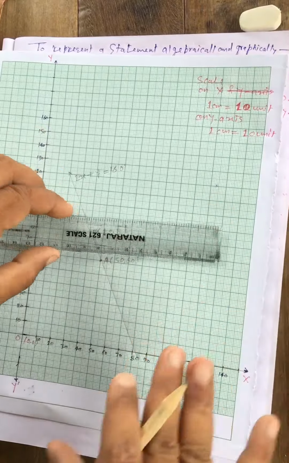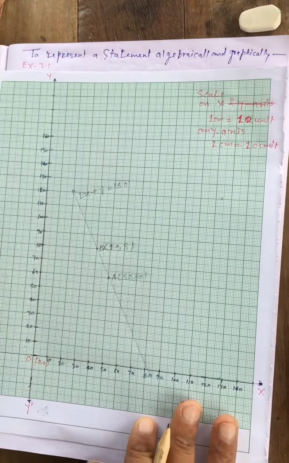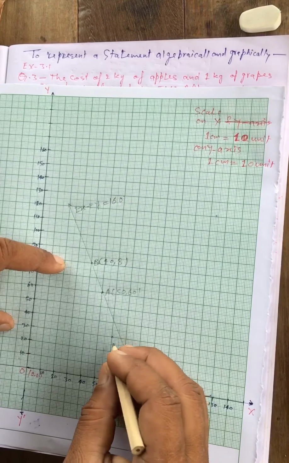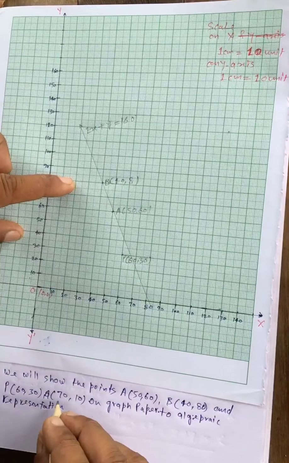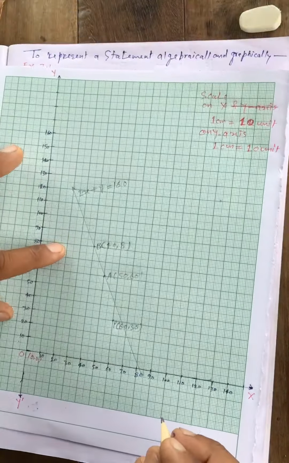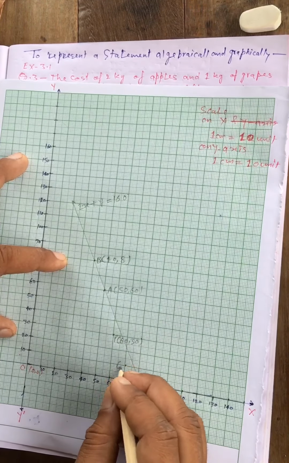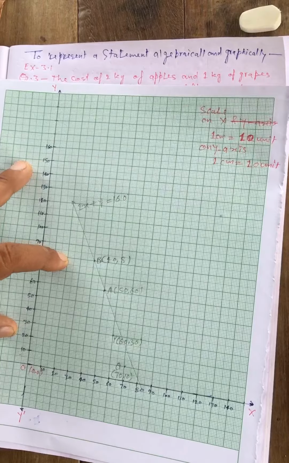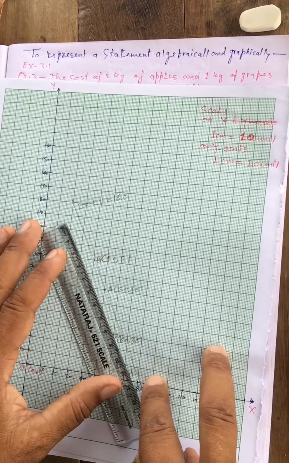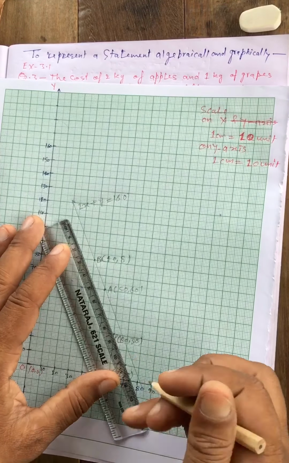And for the second equation we will show the points P and Q, that is (60, 30). 60 and 30 is here, point P (60, 30), and point Q is (70, 10). If we join the points P and Q we will get the geometrical representation of the second equation.